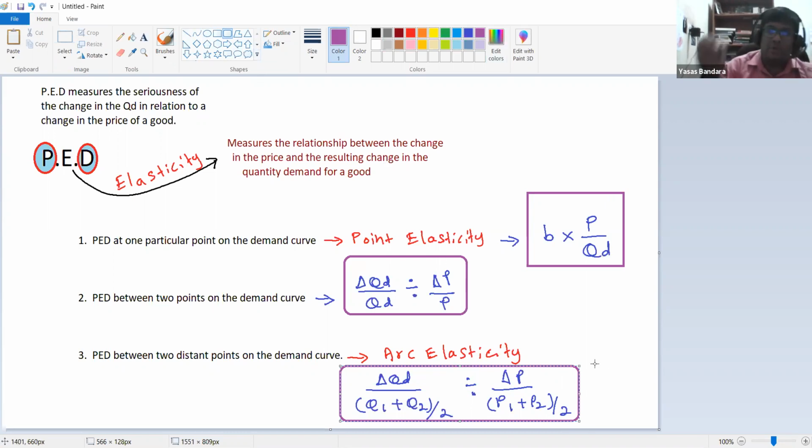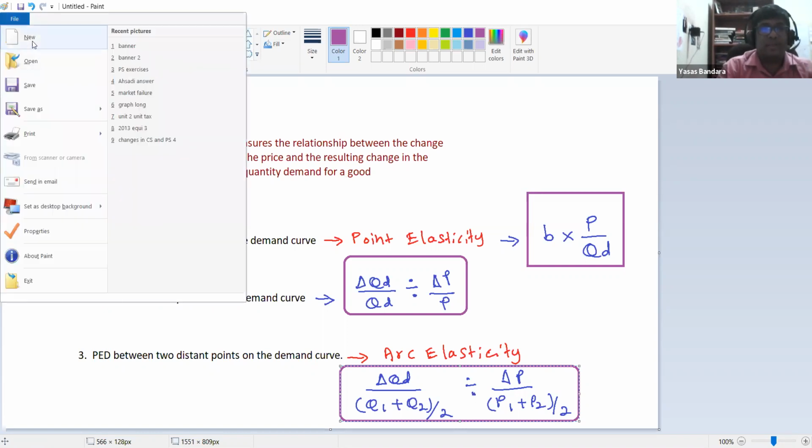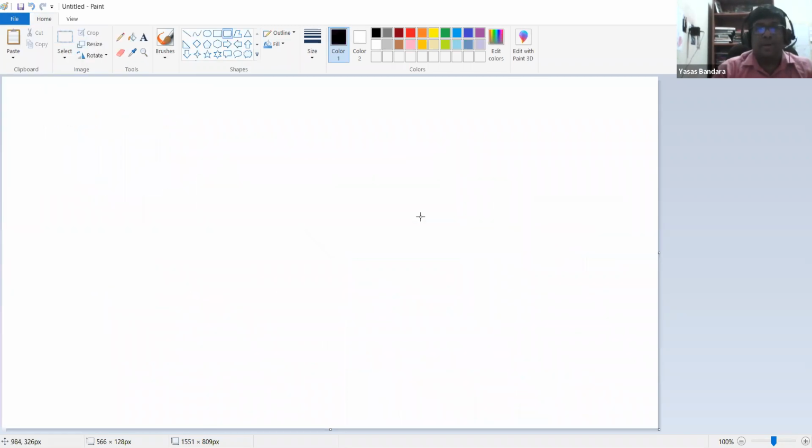Right. So what we do now is to use a practical example. We'll use a diagram, and using this diagram, we'll see how we can calculate elasticity from all these three methods. Right. For this, we are going to use an equation.